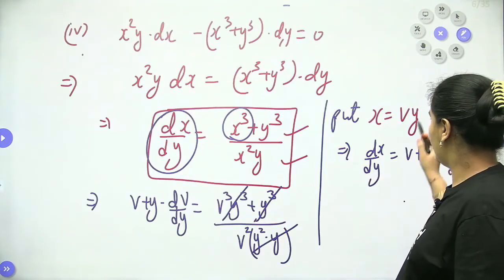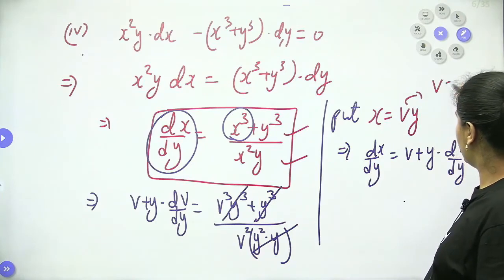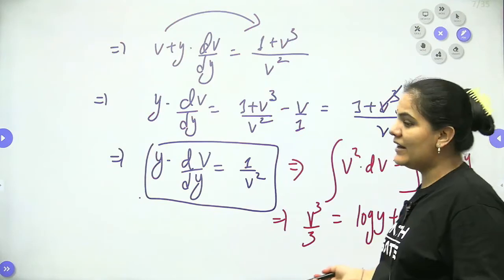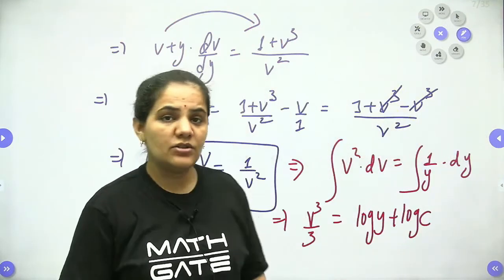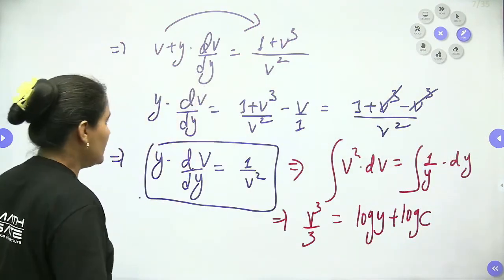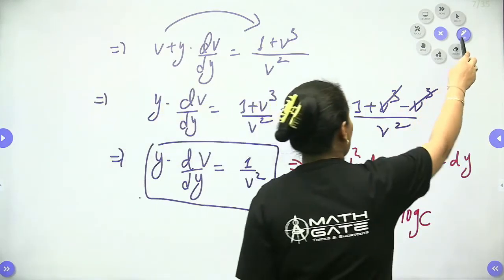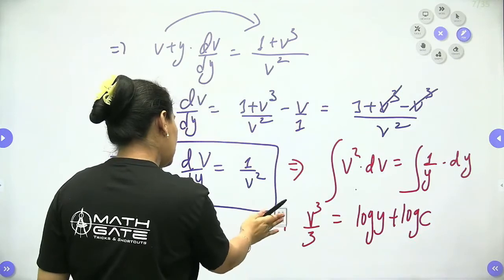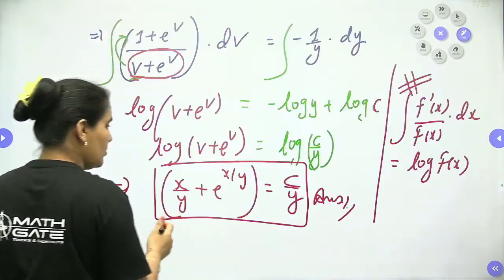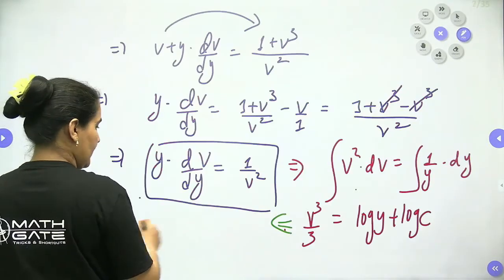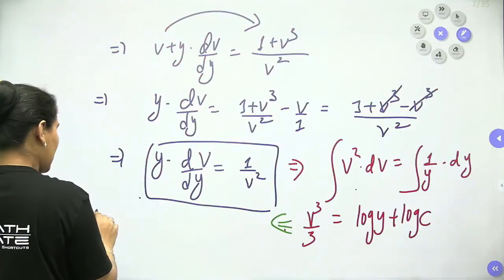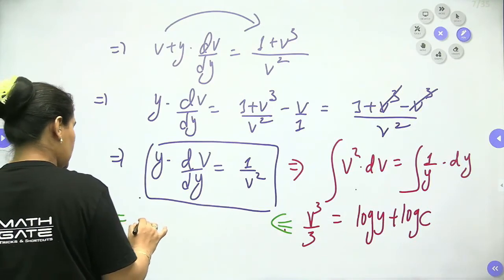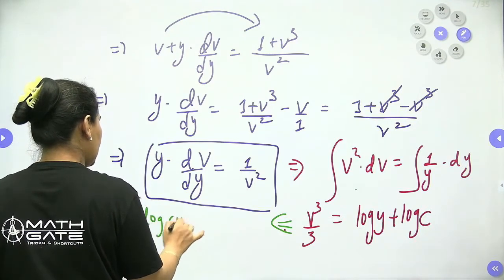Now at the place of v we substitute again v = x by y. So it will be x cube by 3 y cube equals log of cy only, right?